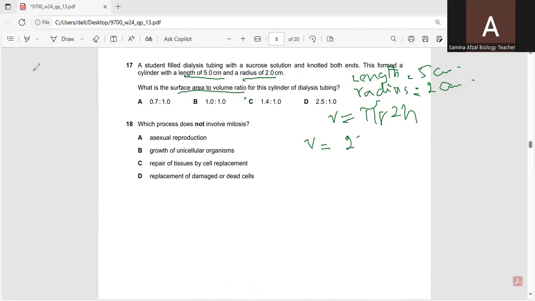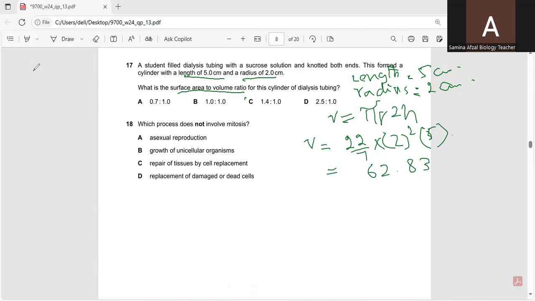Pi is equal to 22 by 7 and r, the radius, is 2. So we will take the square of this 2, and h is equal to 5. After calculating this, it is nearly equal to 62.83.